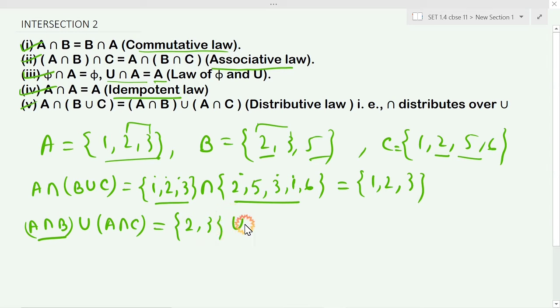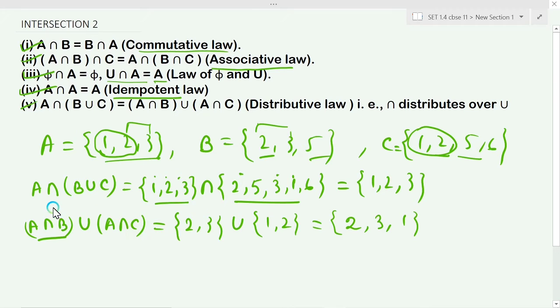Now A intersection C, the common elements are 1 and 2. Now we have to calculate the union of these two sets. So we write the common element first, then the rest of the elements, that is 3 and 1.